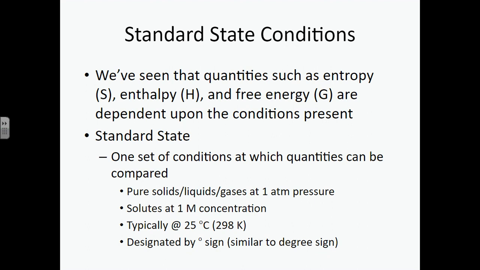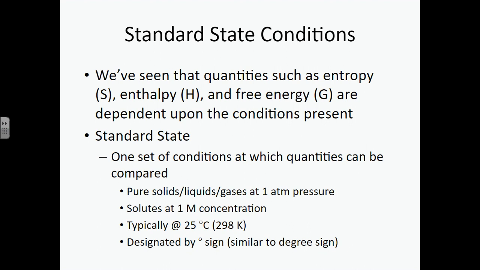Now, standard state conditions. We've seen quantities such as entropy and free energy are dependent upon the conditions present. When we're talking about standard state, we're talking about the set of conditions in which the materials can be compared. Pure solids, liquids, and gases at 1 atm pressure have a specific set of conditions.